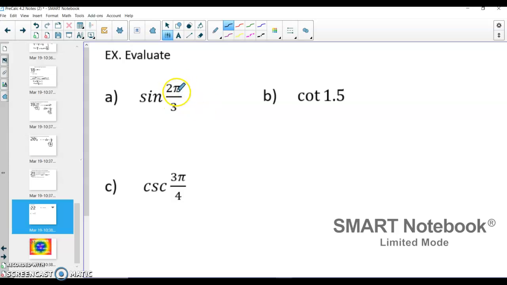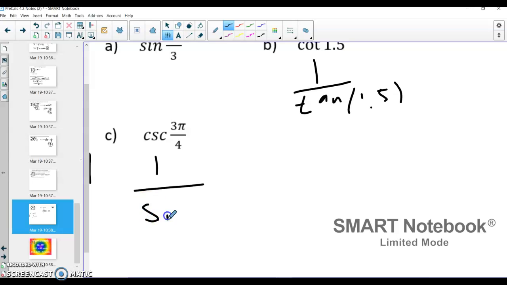And if we don't have radians on our calculator, we can always change it to degrees. Here this would be 1 over the tangent, so 1 divided by the tangent of 1.5. And cosecant here would be 1 over the sine of 3 pi over 4. We can plug those values into our calculator and solve.